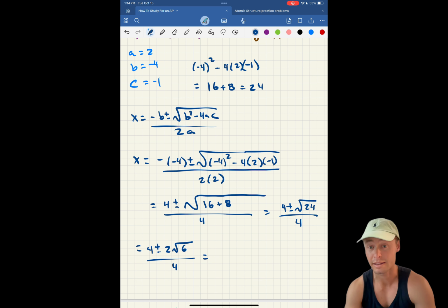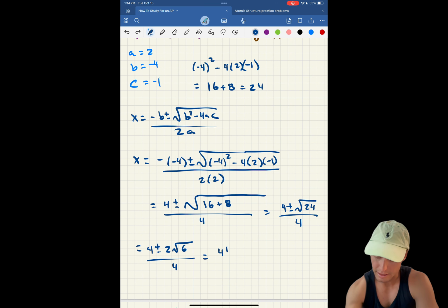I just simplified the square root of 24 to be 2 root 6. And that gives me 4 plus or minus, or sorry, not 4. We can now simplify everything by doing 2 plus or minus the square root of 6 all over 2.